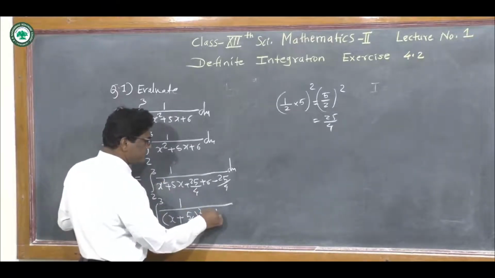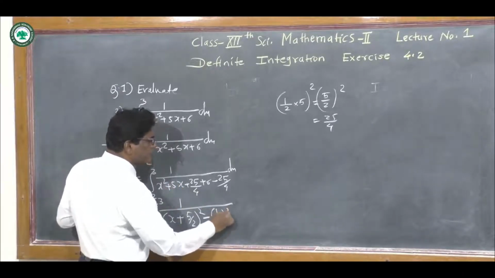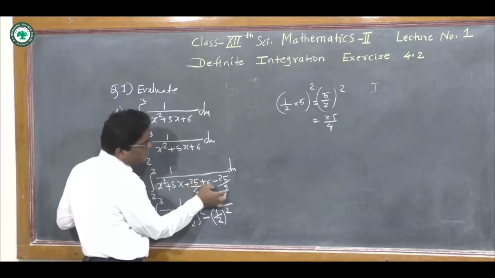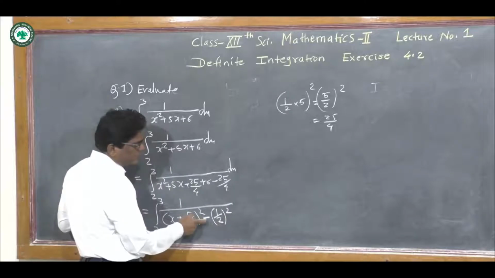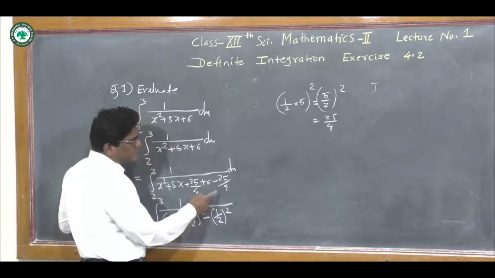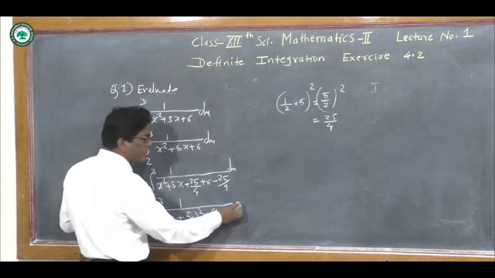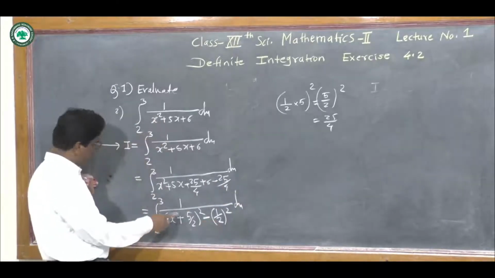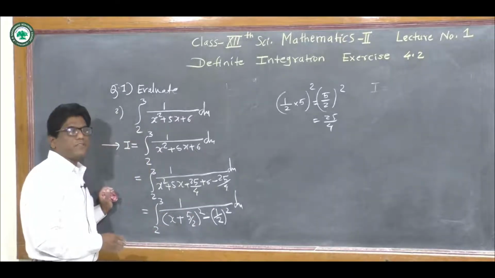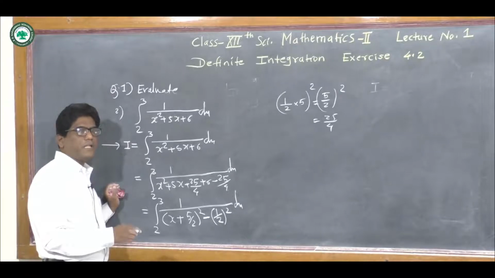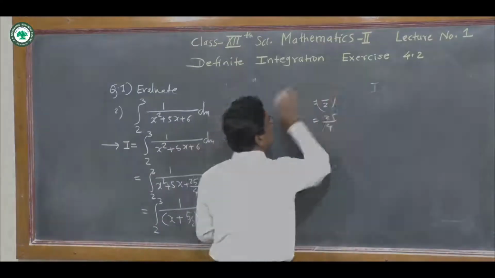Minus 1 upon 4, we write it as 1 upon 2 bracket square. Now use the formula: integration of 1 upon x square minus a square dx is equal to 1 upon 2a log of x minus a upon x plus a plus constant of integration.